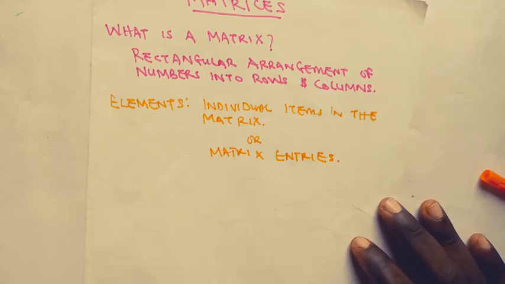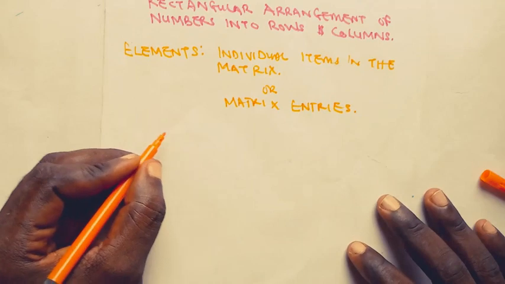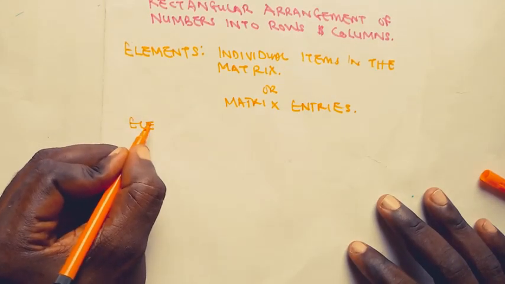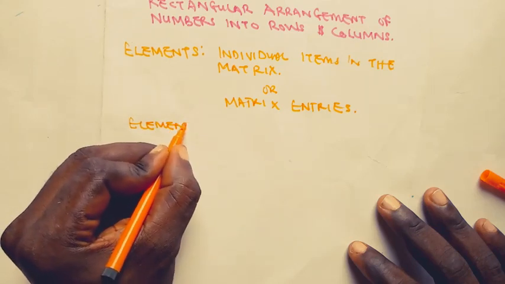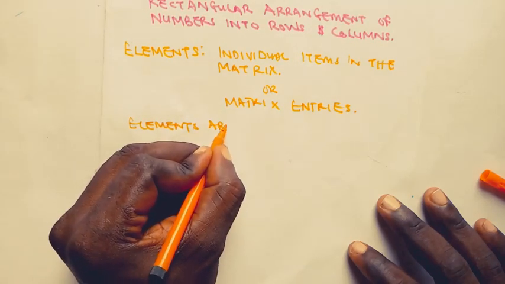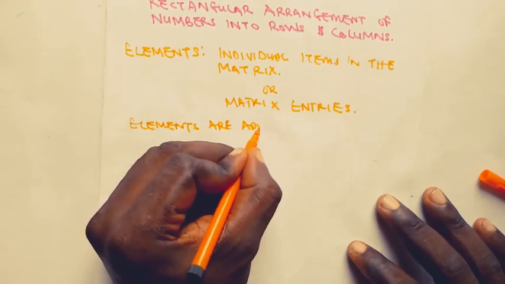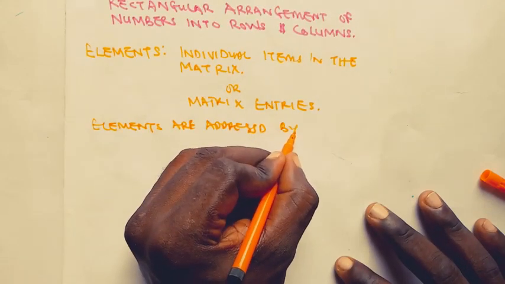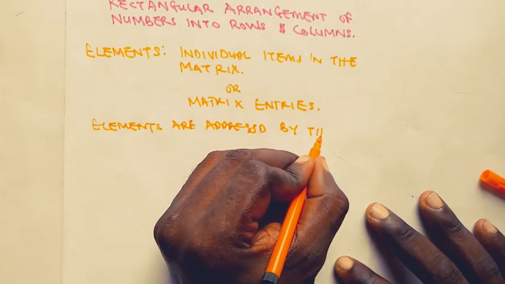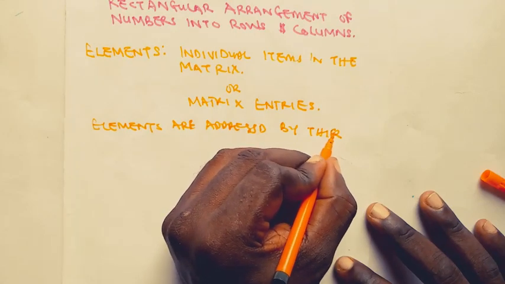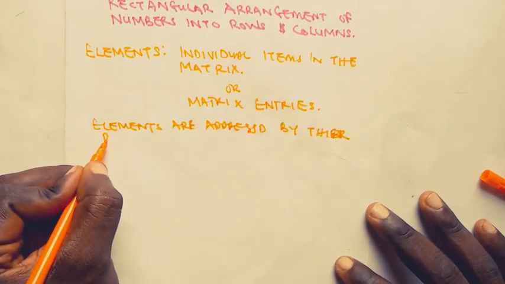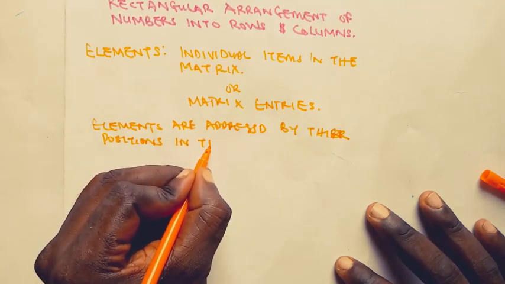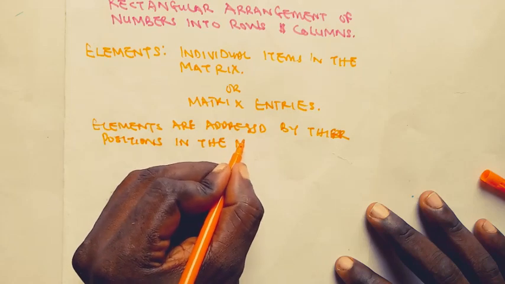So these elements are usually addressed by their position. Elements are addressed by their positions in the matrix.